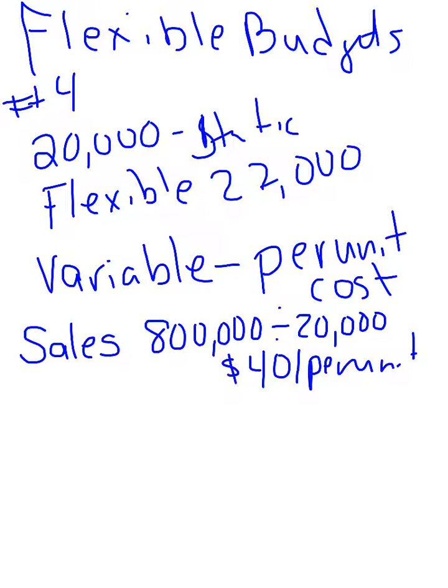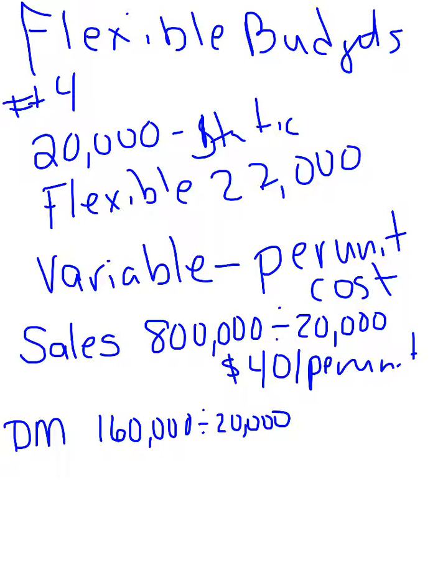For everything we have, we would divide it by the 20,000 and get a per unit cost.